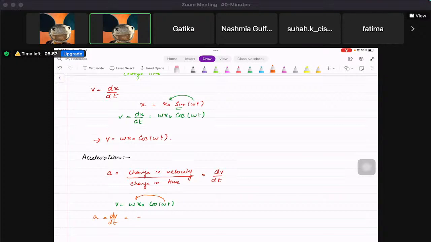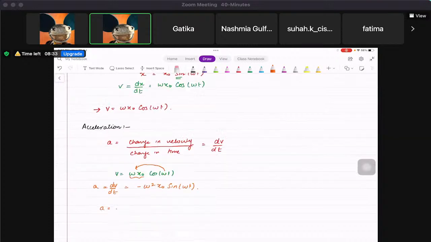Minus omega squared x naught sine of omega t, because omega comes out and multiplies with omega again. Do you guys understand this? Yes. Okay, so now the equation of a is minus omega squared x naught sine of omega t.